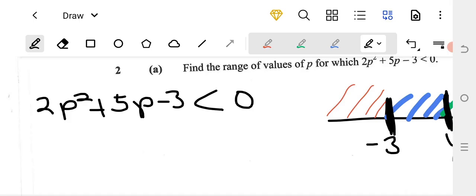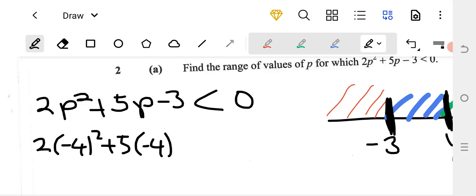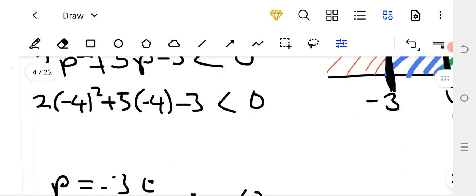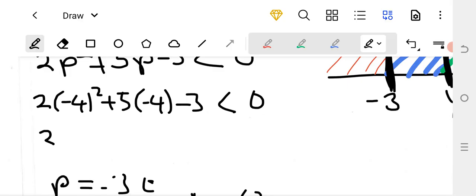So let's try putting a negative 4 where there is p. You are going to say 2 multiplied by negative 4 squared plus 5 multiplied by negative 4 minus 3 is less than 0. So 2 multiplied by negative 4 squared is a positive 32 minus 20 minus 3 is less than 0.